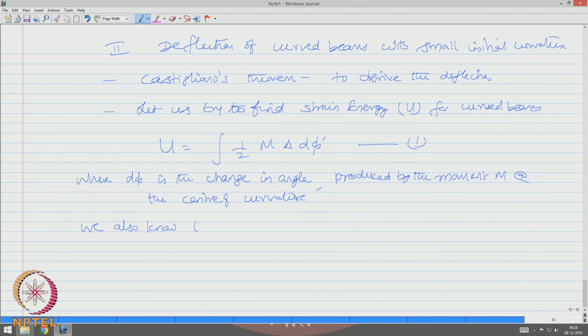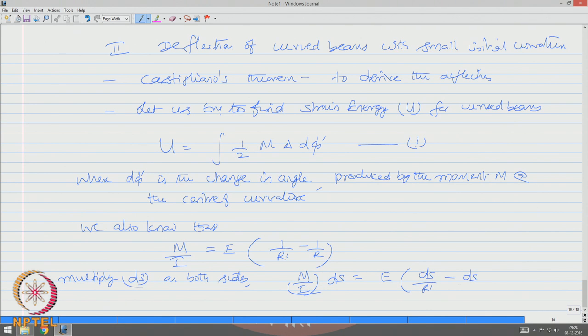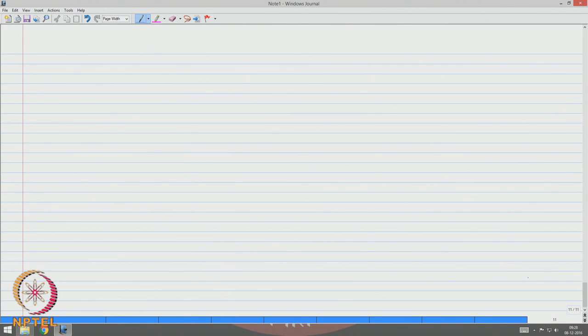We also know that M by I is E of (1 by r dash minus 1 by r). Let us multiply ds on both sides. So, M by I ds is E (ds by r dash minus ds by r). Look at equation 2.